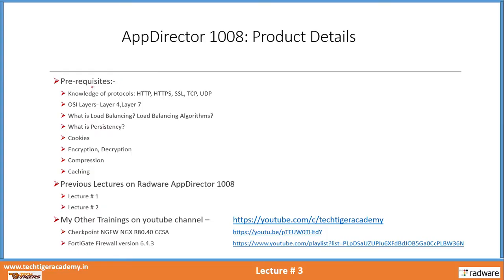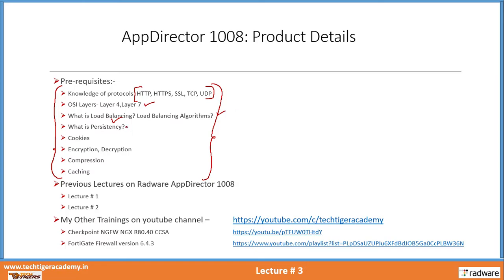Let me start with the prerequisites section first of all. Guys, before you continue with my course and really enjoy learning App Director, I would expect all of you to have knowledge of these basic protocols, an understanding of OSI layers, and an understanding of load balancing. What load balancing algorithms are there? What does it mean by round robin, ratio, least weightage, and all that?